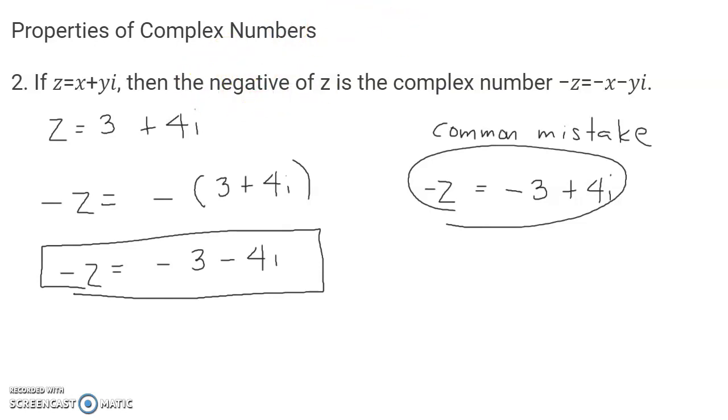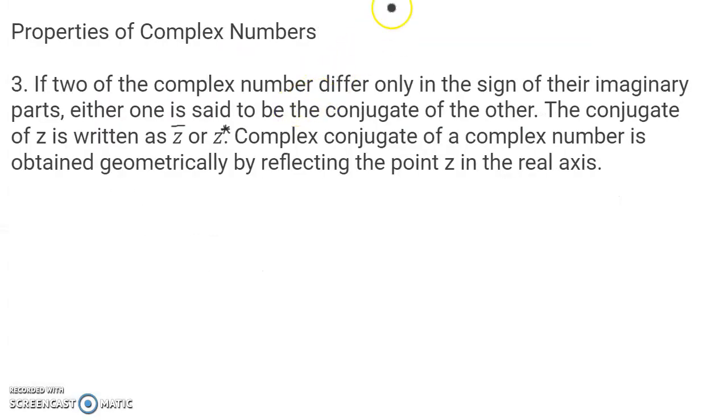For our next property, if two complex numbers differ only in the sign of their imaginary parts, either one is said to be the conjugate of the other. The conjugate of z is written as z bar or z asterisk. The complex conjugate of a complex number is obtained geometrically by reflecting the point z in the real axis.